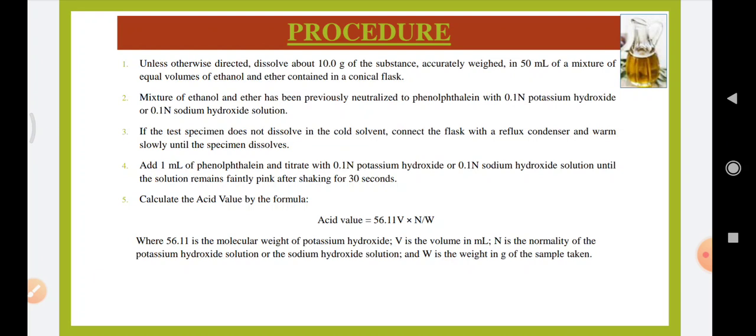You have to observe whether the sample is dissolved properly in your ether and ethanol mixture. If not, then connect the reflux condenser and warm slowly until it dissolves.